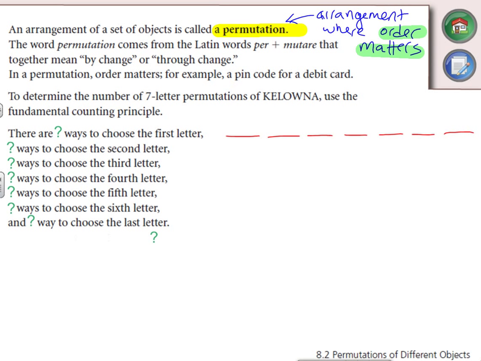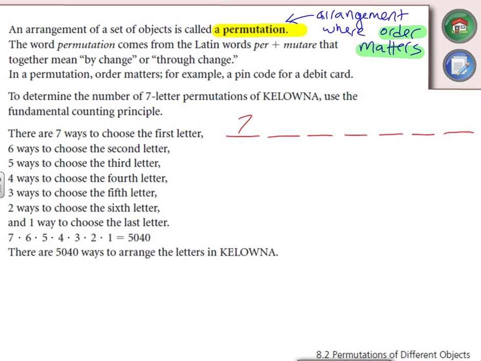First letter, hey, there's 7 ways that I could choose that first letter. Then as we can see, the next one going down the line, the first spot, there were 7 options. One has to be used. We can't repeat. Order matters. Meaning, if we put it in the first spot, it's not in the second spot.